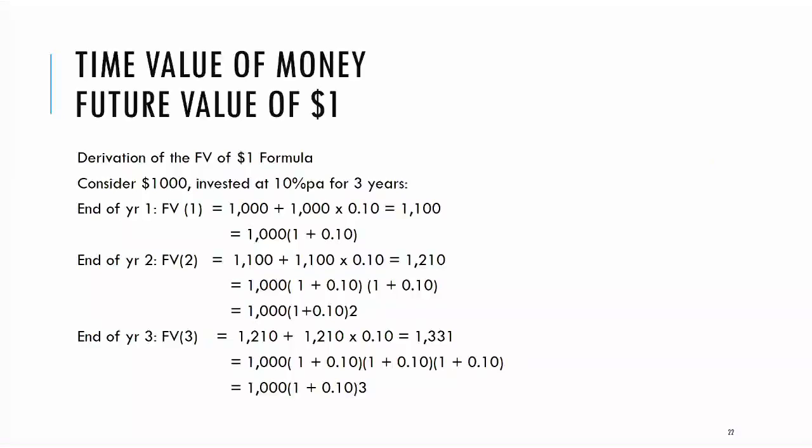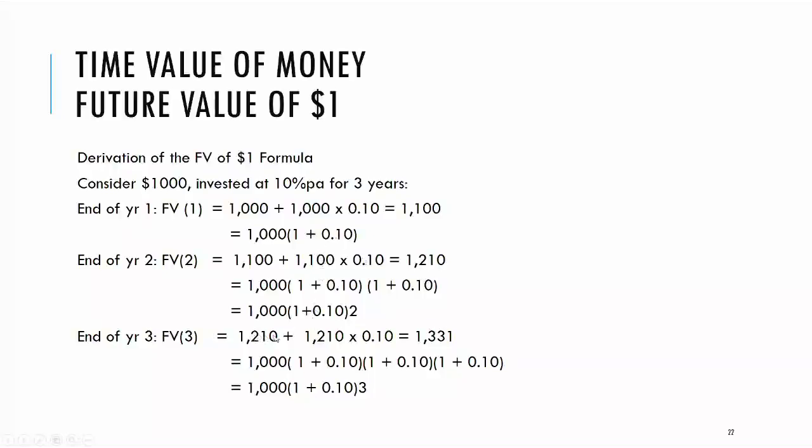This is just to show how that formula derives. If you want to go through end of year 1, end of year 2, end of year 3, how do you get that formula? $1,000 plus 10% on $1,000. That's the first year. Then the second year, 1,100 plus 10% interest on that 1,100.